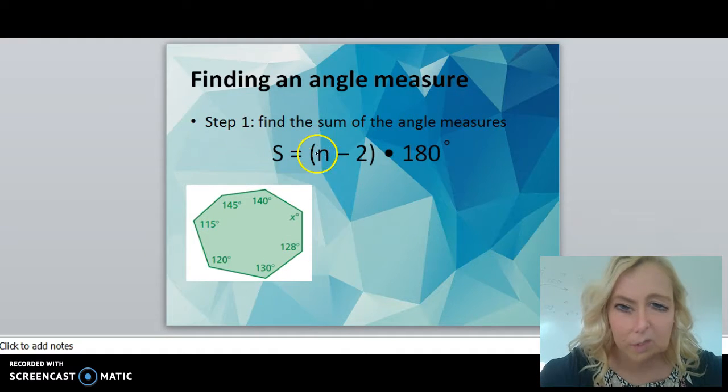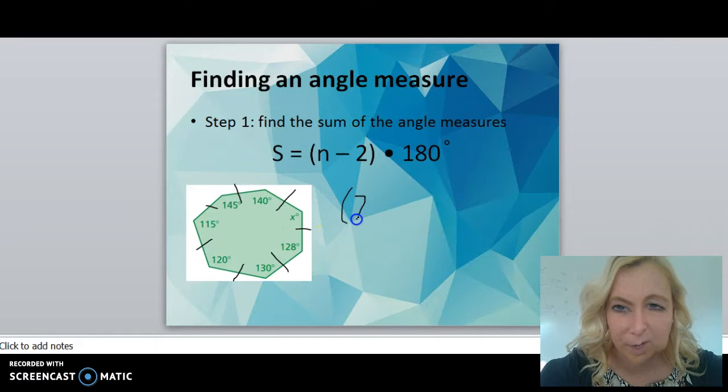So the first thing, I'm still going to count the number of sides. 1, 2, 3, 4, 5, 6, 7. You can use these little slash marks to help you keep track of the sides.